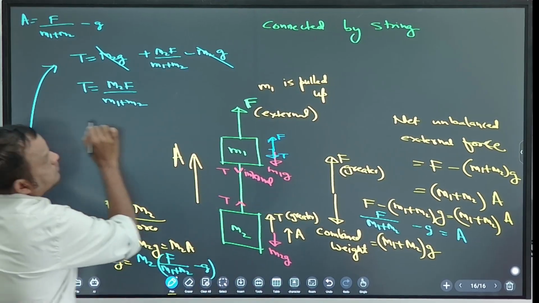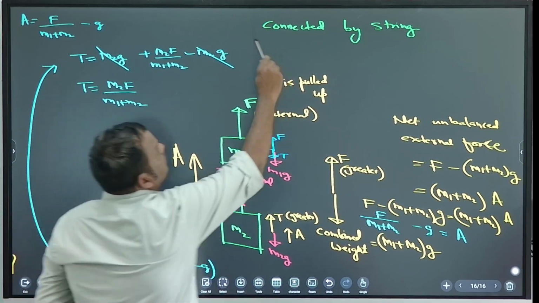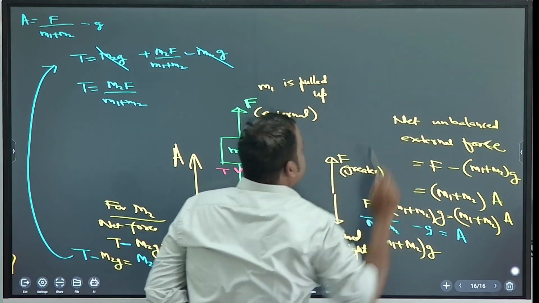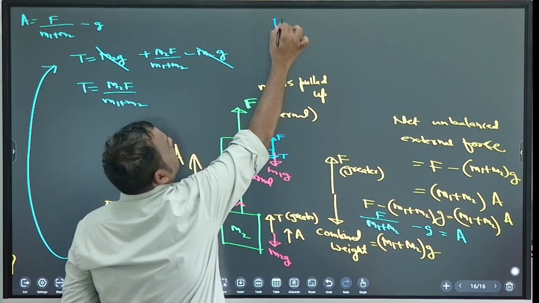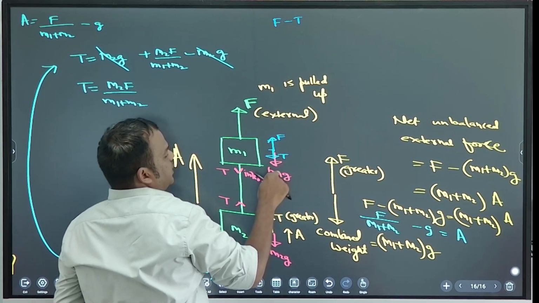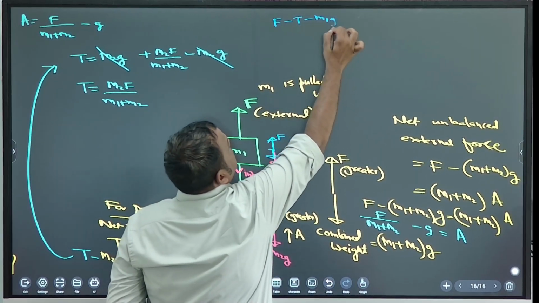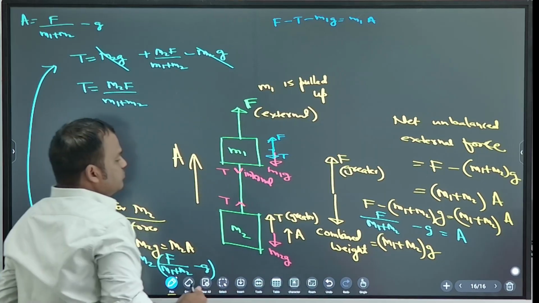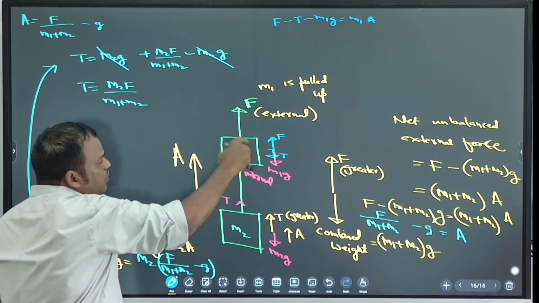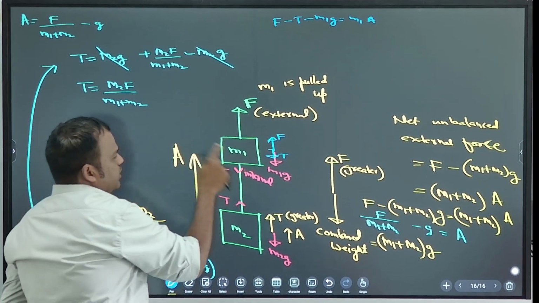Okay, you can solve like this also. One more method is there. F minus T minus M1G is equal to M1 into A, mass into acceleration, if you consider only M1.